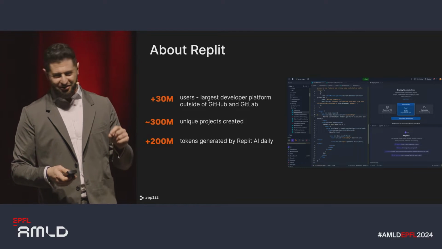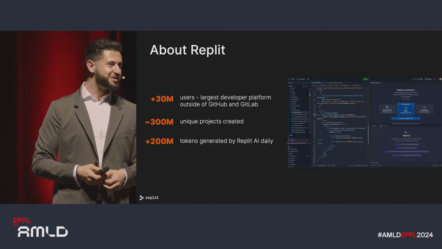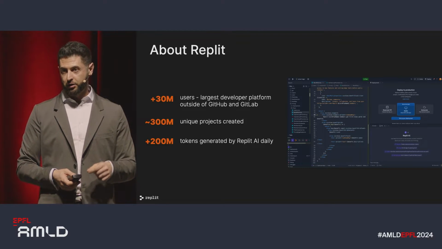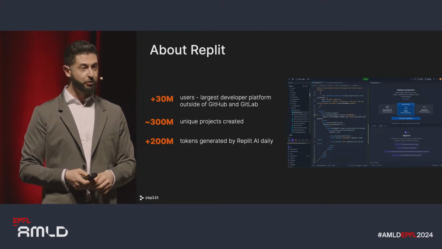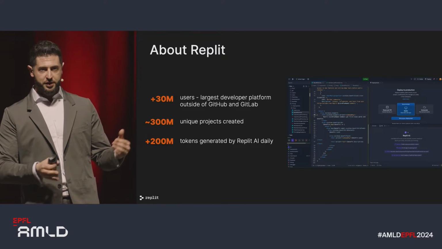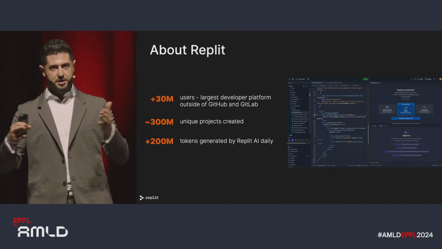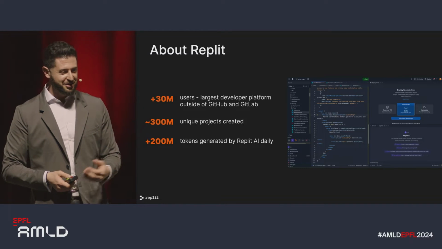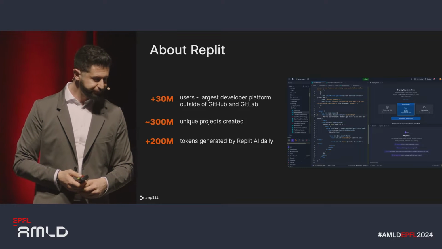And the one interesting insight that I always like to mention is the fact that on a daily basis, 200 million tokens of code are being generated by Replit AI. So we reached a stage where a lot of productivity is not only driven by humans, but is also driven by our AI features. And as you can imagine, this number is only bound to grow.